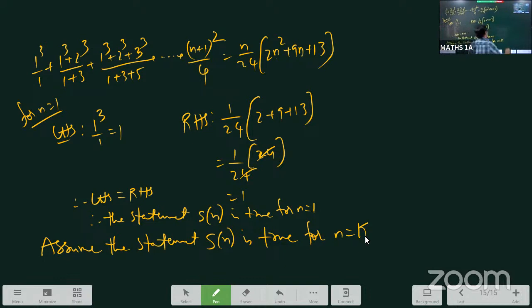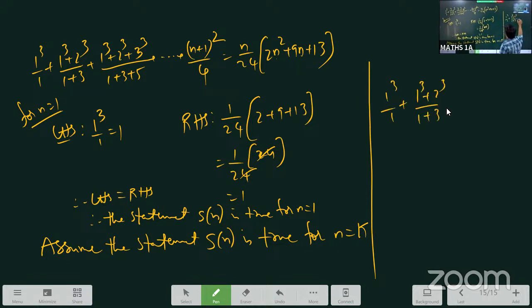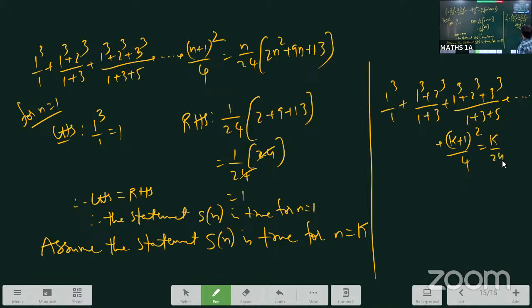I'm writing that part here. That is 1 cube by 1 plus 1 cube plus 2 cube by 1 plus 3, 1 cube plus 2 cube plus 3 cube by 1 plus 3 plus 5, plus so on plus k plus 1 whole square by 4. That is equal to k by 24.